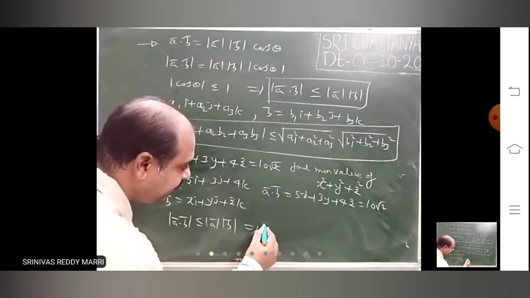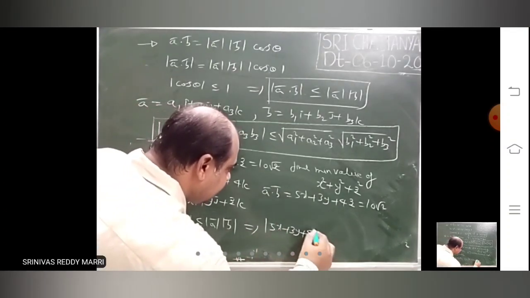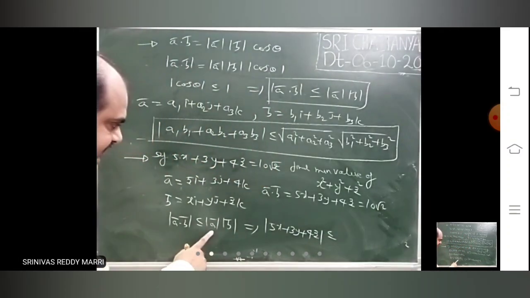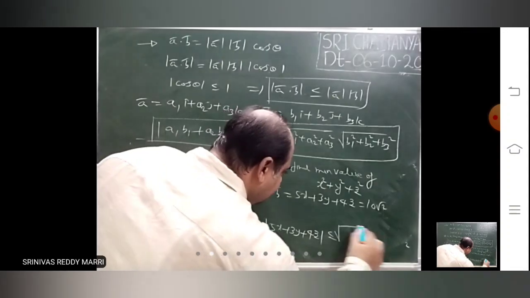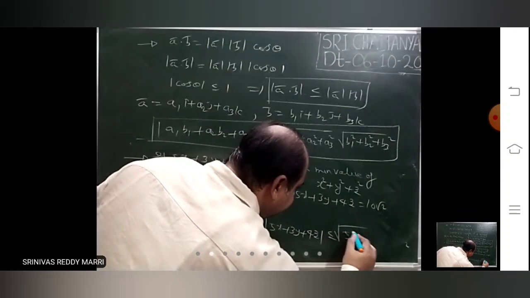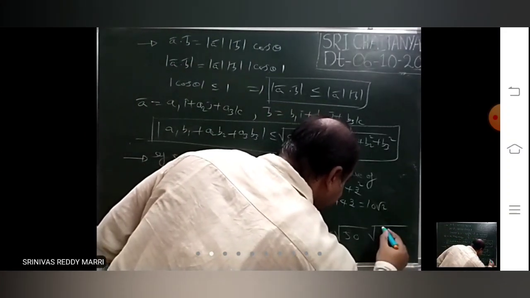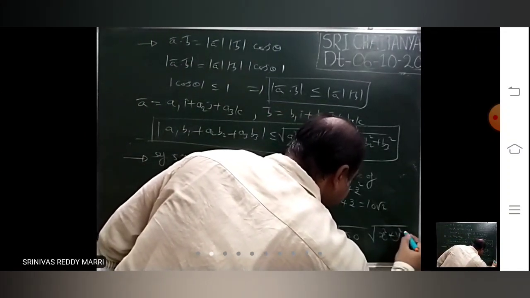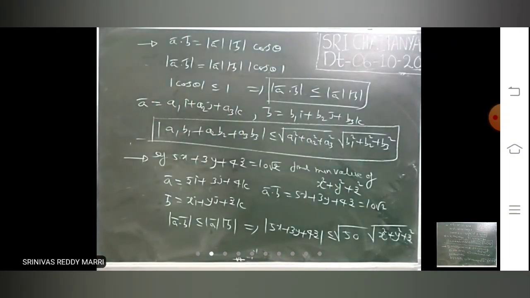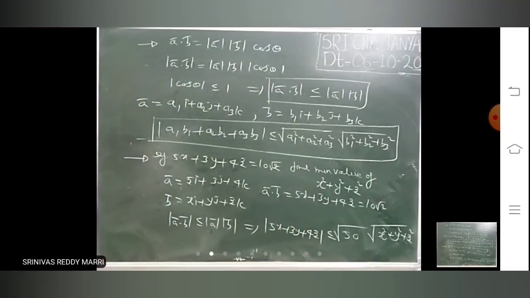A dot B is 5x plus 3y plus 4z, less than or equal to modulus A bar, root of 25 plus 9 plus 16, that means root 50, into root of x square plus y square plus z square, which you want. So find the minimum value of that.